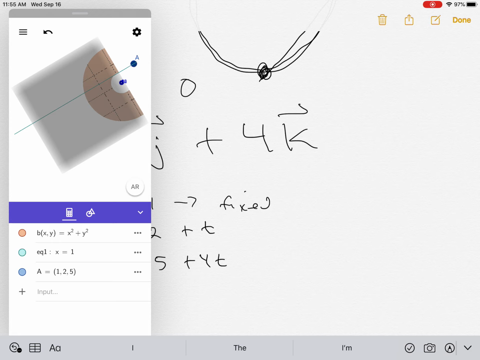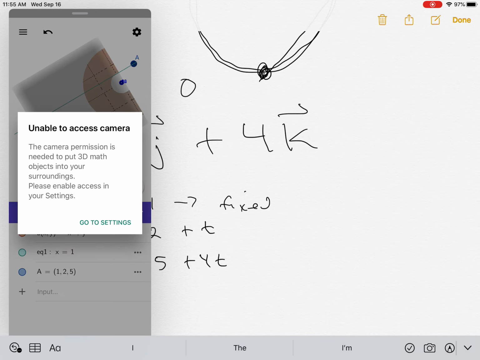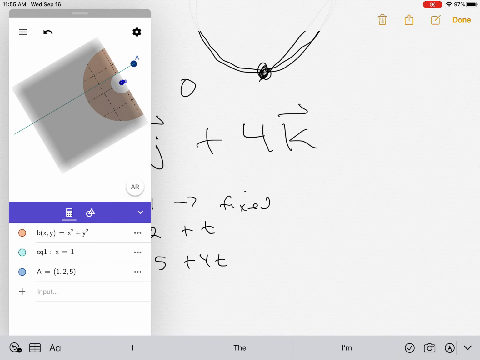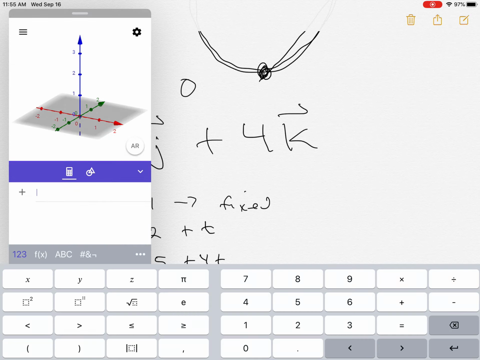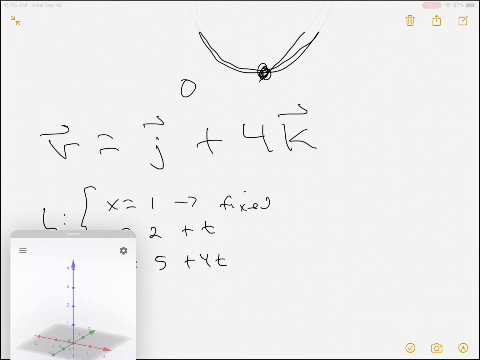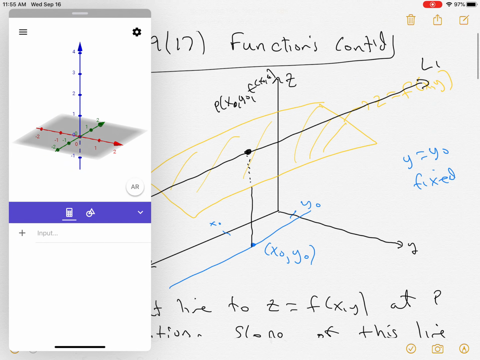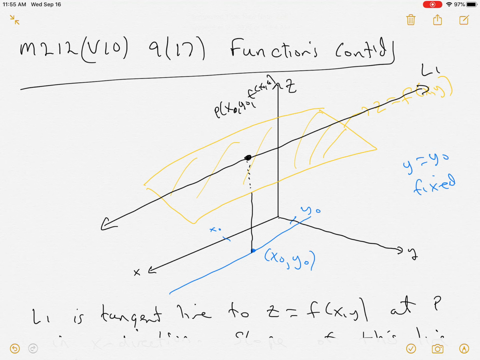I don't know how to undo that. That's not what I wanted. Oh well. There it goes. All right, I got it. Let me do it again.